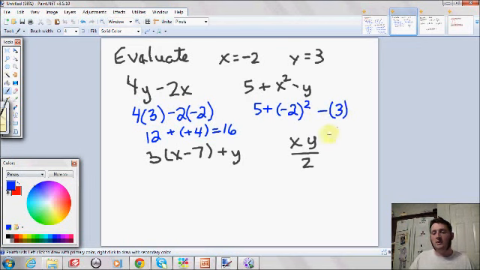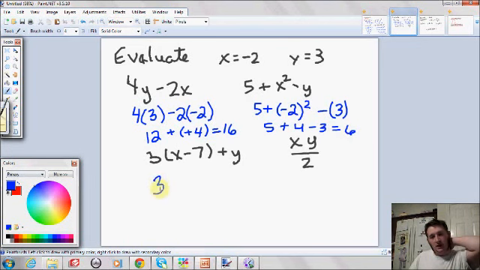We have some parentheses here we don't have to have. I didn't really give myself enough space, but I'll try to make it work. So the power we would do first, -2 squared. A negative times a negative is positive. So this would be 5 plus 4 minus 3. 5 plus 4 is 9. 9 minus 3 is 6.